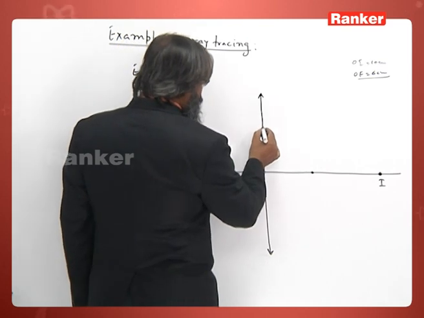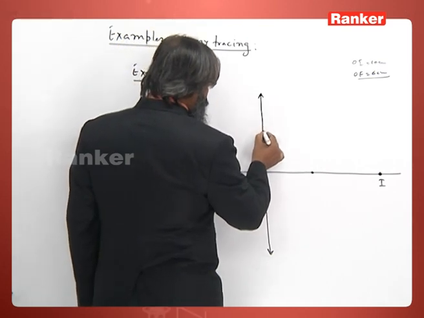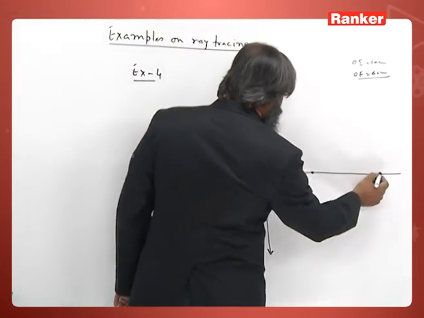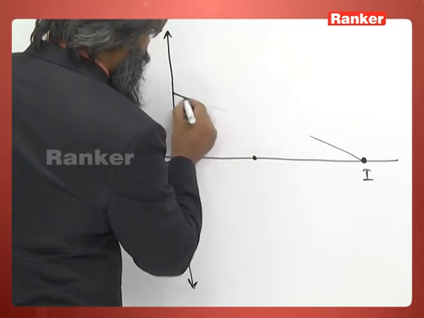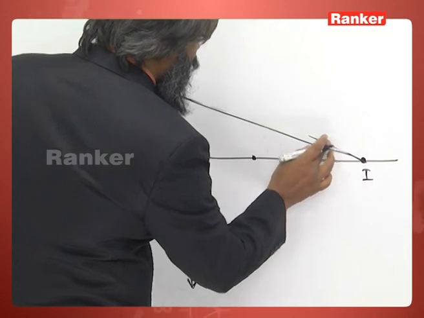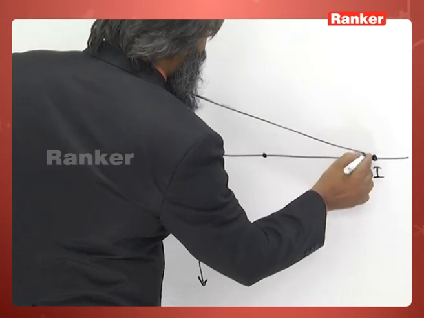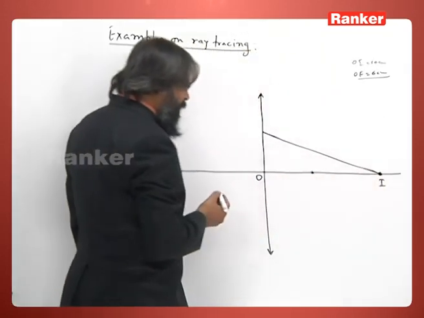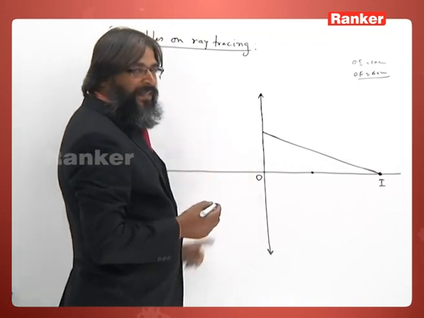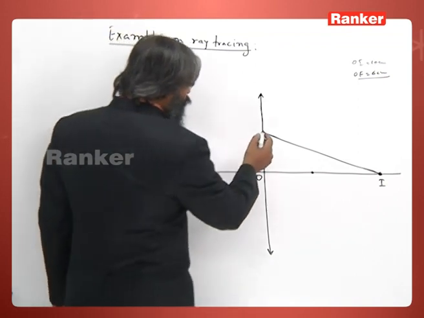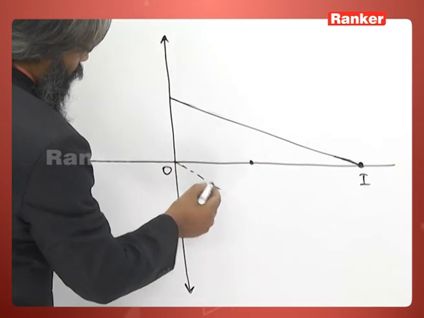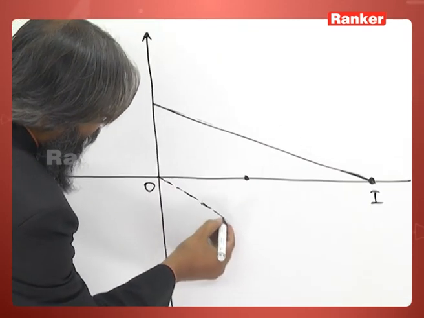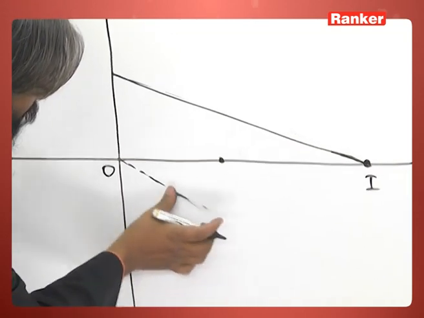So what we do, we take an arbitrary point here and join these two. That means this is an arbitrary ray. And then from the optical center, let us draw a line parallel to this.